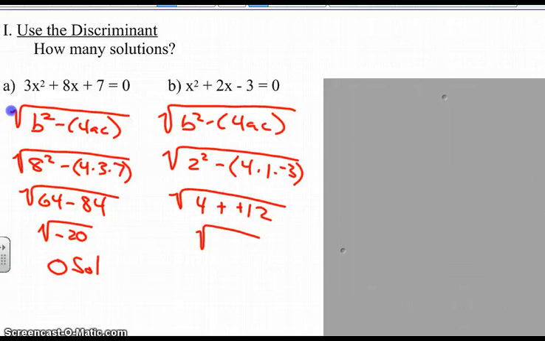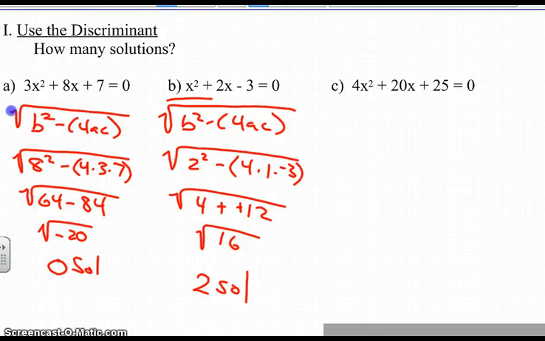So we have 16. So how many solutions? 1. Square root of 16 is plus or minus. And how many solutions? 2. 2 solutions. So this is a parabola that will cross the x-axis in 2 places, right? Looks like if we use this equation, it would be opening up, crossing the x-axis in 2 places, okay?